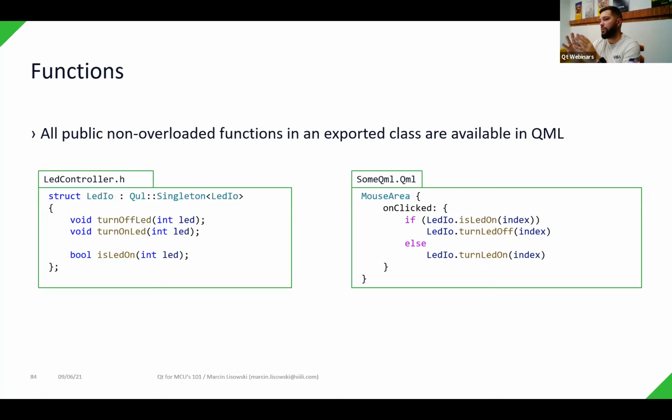So those 2 requirements are strictly tied to exposing functions. And of course, those can have a return type. Just notice that the isLedOn function, which is also exposed on the QML side, can be used to get some status. And in this case, it's just returning a bool.